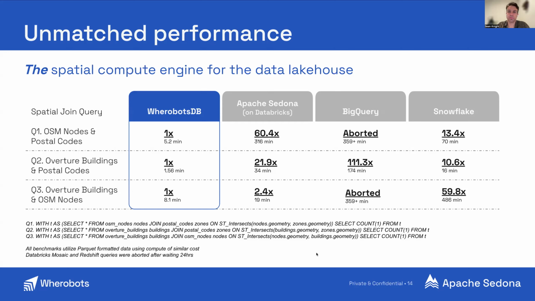This is a preview of something we did a while ago that we'll be updating once that benchmark is out. It's very large spatial joins, point and polygon things like OSM nodes and postal codes, Overture buildings and postal codes, or Overture buildings and OSM nodes. It gives you a sense, versus other distributed computing architectures, of the results you get in terms of speed and performance.